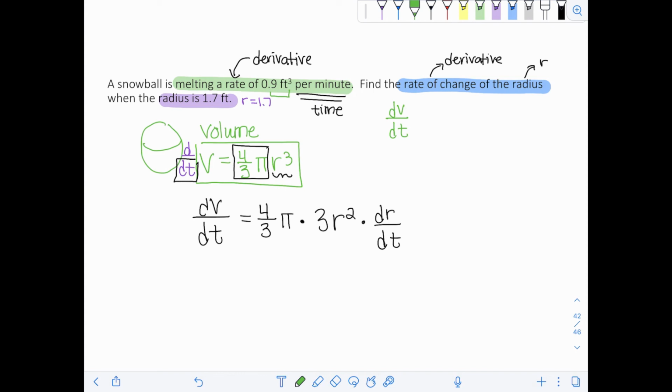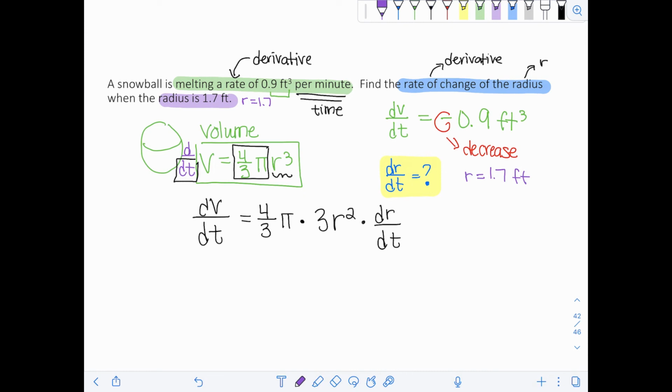So if it's melting at that rate, that actually means it's going to be a negative 0.9 feet cubed. The negative is indicating a decrease. And we're looking for the rate of change of radius, so dr dt. We're not going to plug anything in for, that's what we're looking for. And then finally, we have that r is equal to the 1.7 feet.